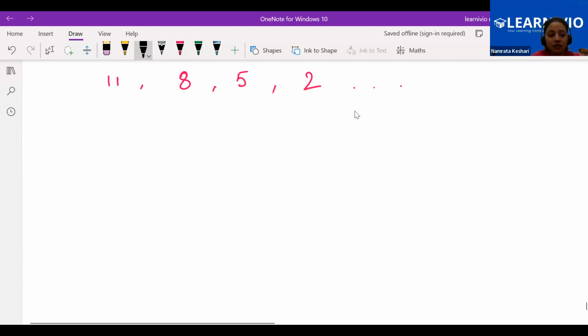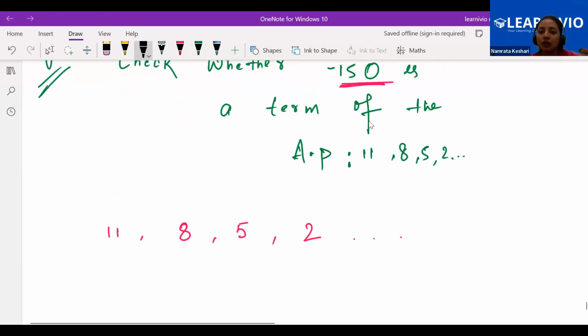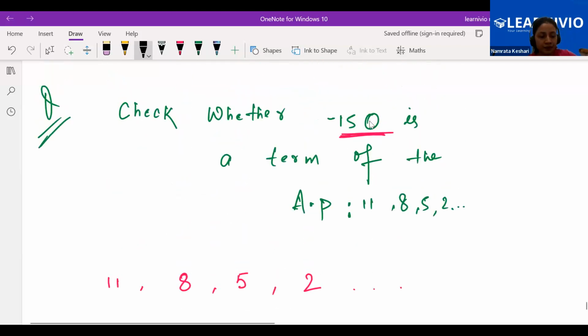Nth term formula is an is equal to a plus n minus 1 into d. Now what is an over here, Galvin? What is an over here?